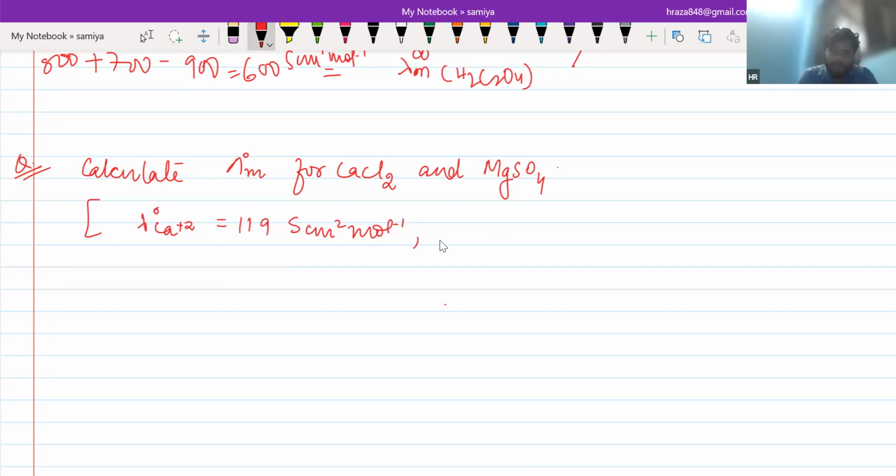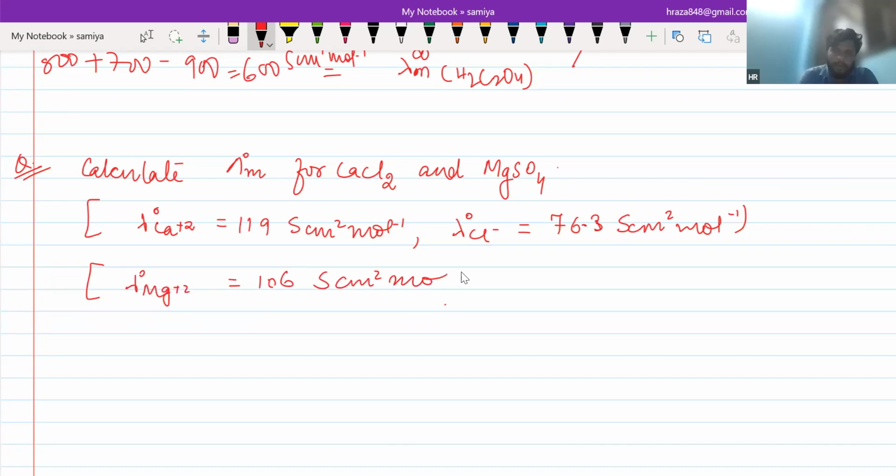Lambda naught Cl^- has a value of 76.3 Siemens centimeter square per mole. Also, for MgSO4, lambda naught Mg^2+ is 106 Siemens centimeter square per mole, and lambda naught SO4^2- has a value of 167 Siemens centimeter square per mole. So this is the question.